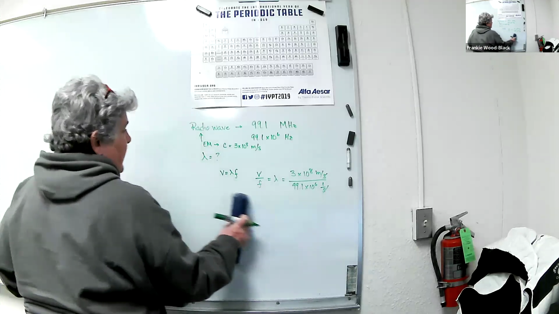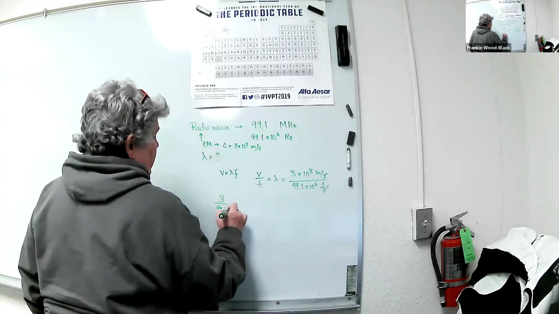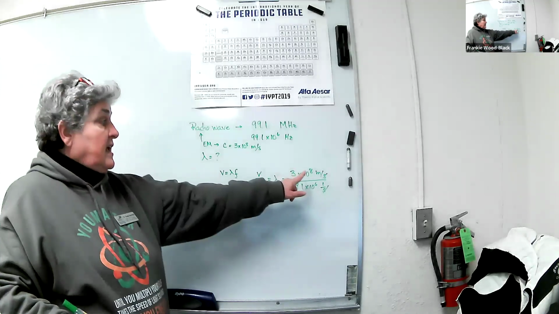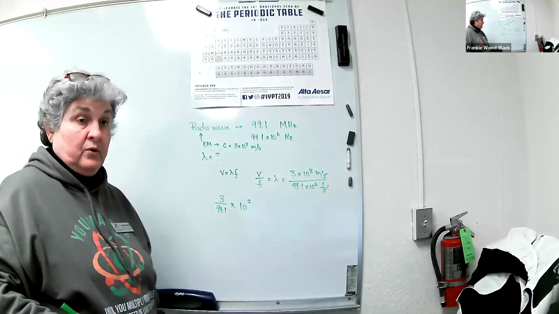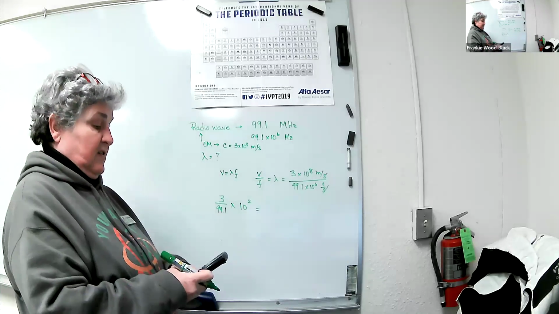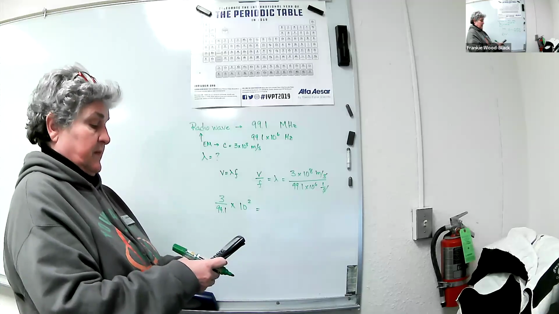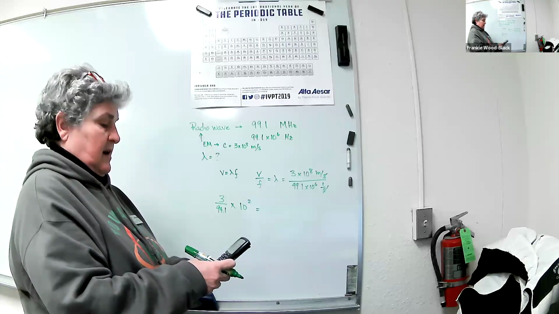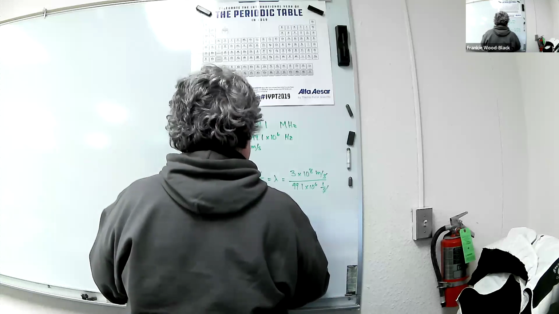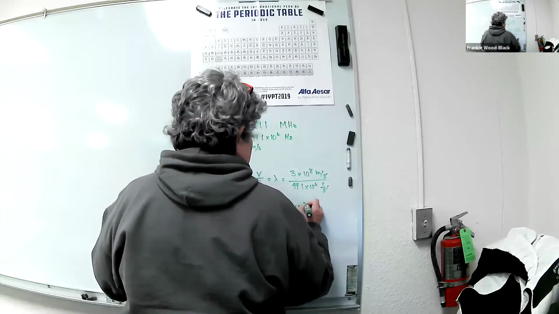So if I take this equation, I'm going to get 3 divided by 99.1 times 10 to the 2nd, because 8 minus 6 is 2. So now all I have to do is plug into my calculator. I don't have to plug in that whole thing. I don't have to use my exponent key. I get 3 divided by 99.1, and I get 0.03027 times 10 to the 2nd.